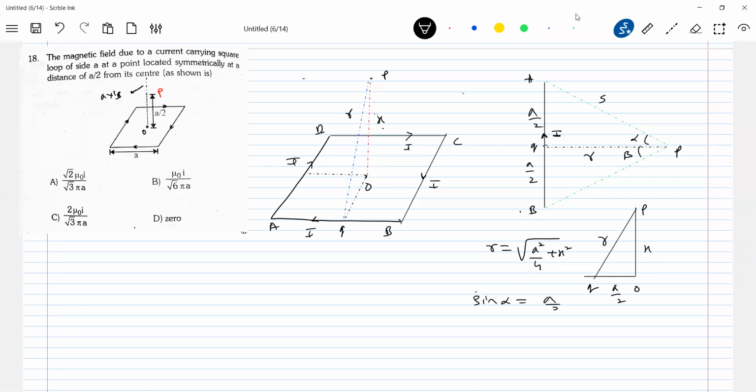Sine alpha will be A by 2 over R, and also sine beta. What is S equal to? S is equal to A square by 4 plus R square. Okay, now further R square you can substitute.